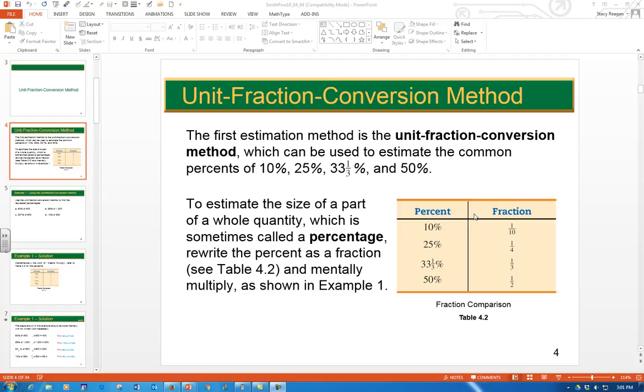But when we talk about percentages, there are certain percentages that are just nice percentages, and they're used a lot when maybe you go to a store and they're doing a sale or something like that. And one is 10%, one is 25%, 33 1/3%, and one is 50%. And all of these numbers will go into 100 evenly.